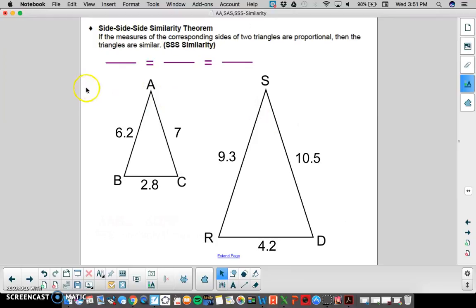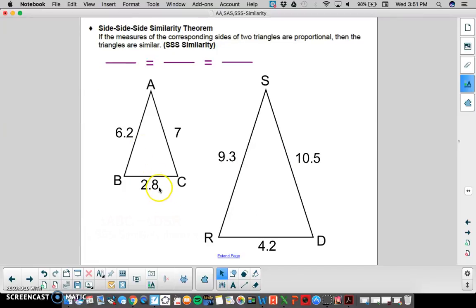Next we have side-side-side similarity. We know in similar figures that the sides are going to be proportional. So if we have the SSS similarity theorem, all of our sides have to be proportional. So I'm going to need to match up my sides. Now how do I know which one goes where?